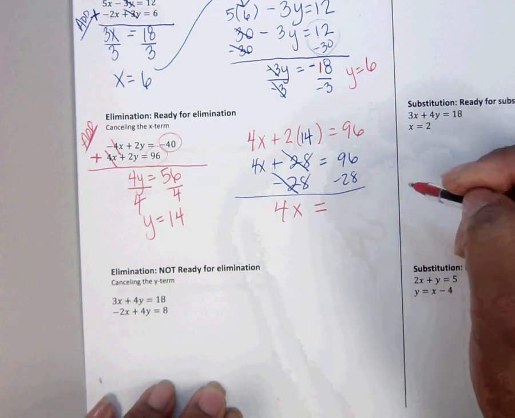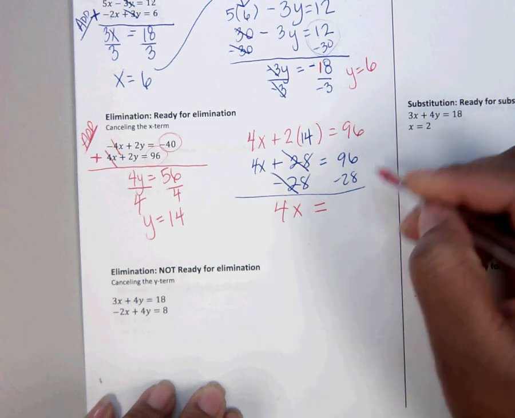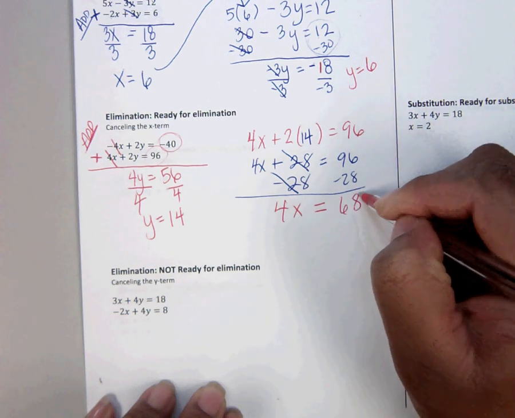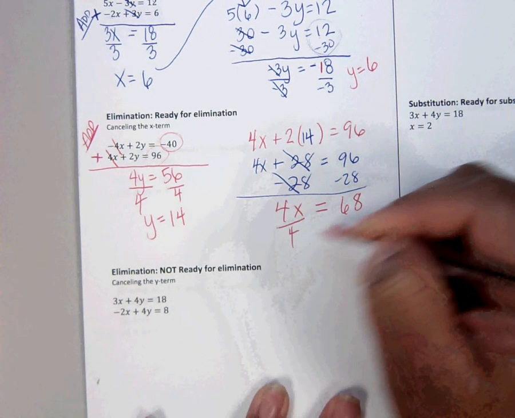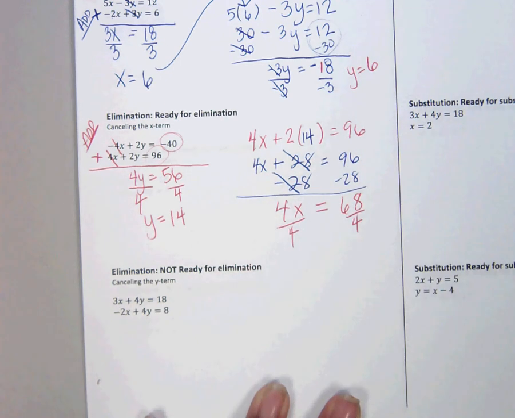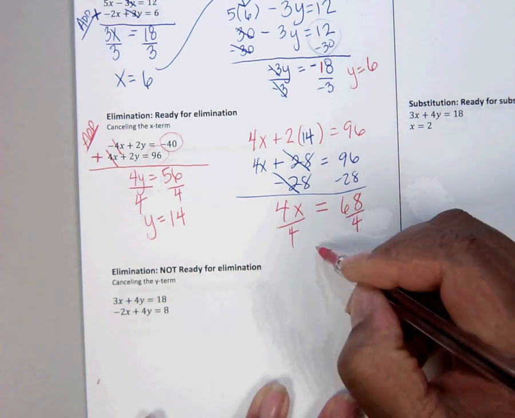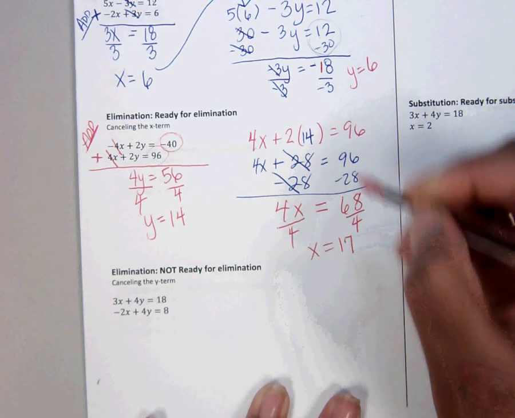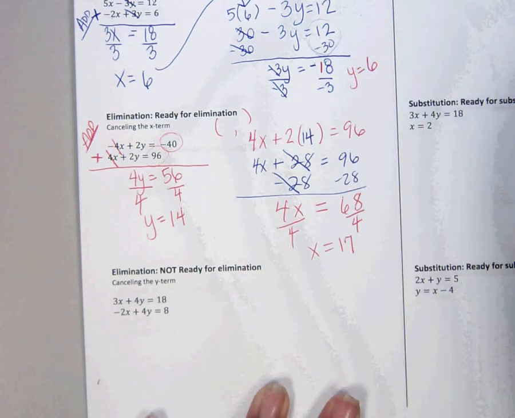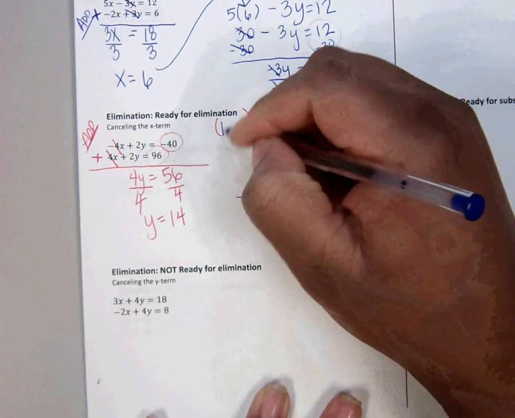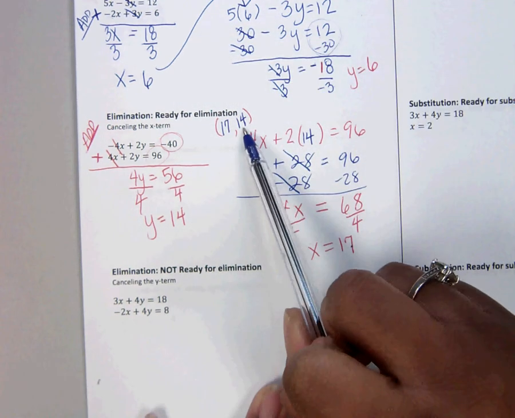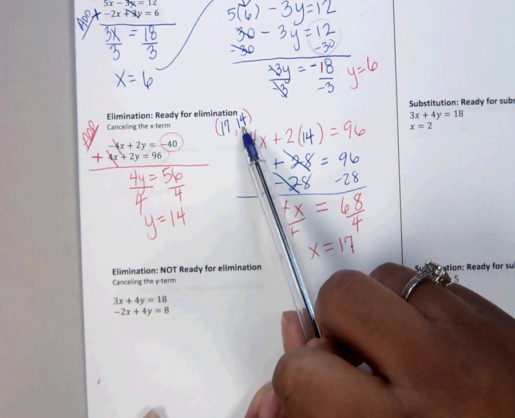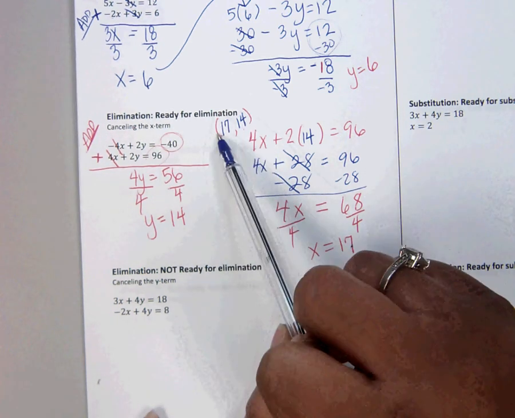Four x equals 68. Now we divide by 4, and we get x is 17. So for my point, x is 17 goes here, and y is 14 goes here. This is the solution. I have just used elimination to find where they cross.